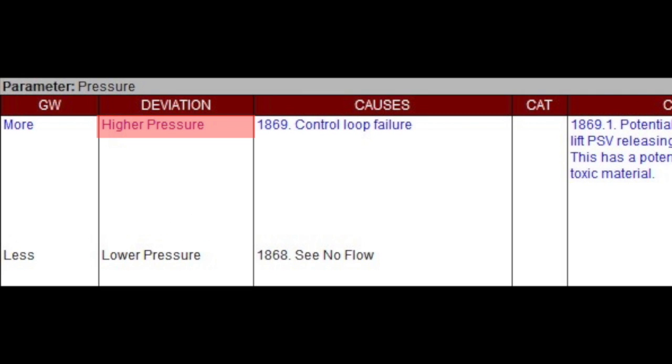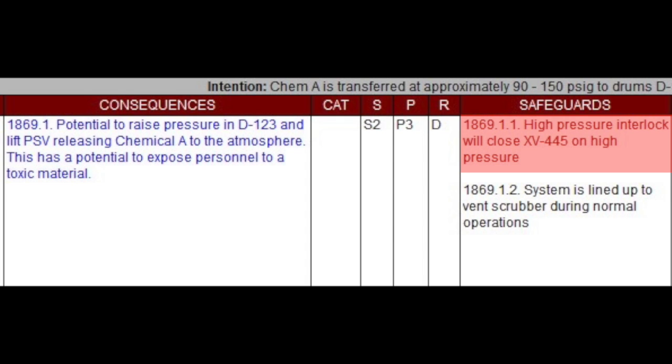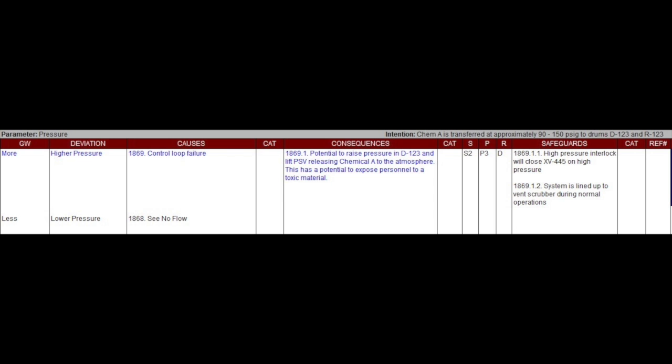So in a higher pressure scenario, if we have a control loop failure, potential to raise the pressure in D123 and lift the PSV, releasing chemical A to the atmosphere and exposing personnel. We have our risks there associated with it. That's from the OSHA matrix we just used as an example. Safeguards: a high pressure interlock will close XV 445 on high pressure, and the system is lined up to the vent scrubber during normal operations. So this is just kind of a basic scenario that we may be covering in a PHA that we're going through with the team.